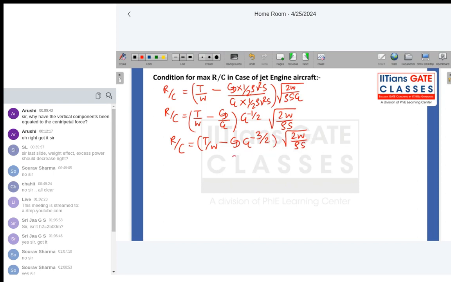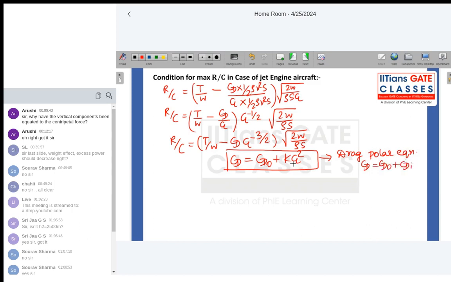We know that CD is nothing but, according to drag polar equation, CD naught plus KCL square. So we know that this is the drag polar equation. So CD is equal to CD naught plus CDI.